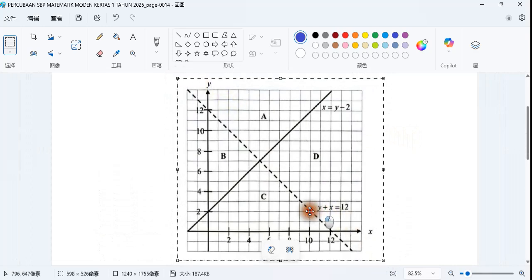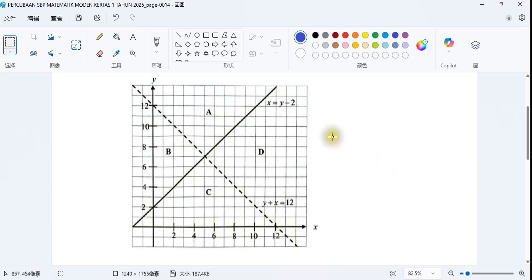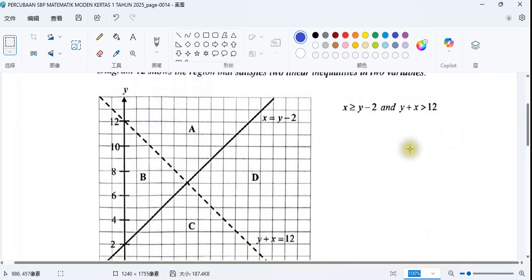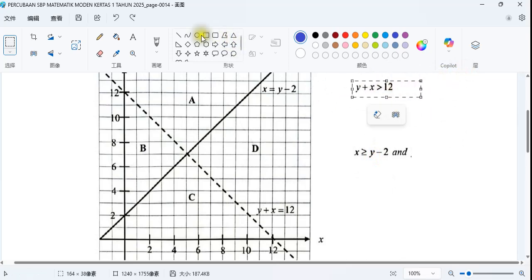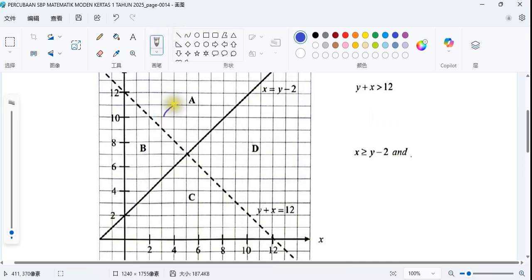Okay, so over here we have these two. So we look at the second one first. This one is easy. So greater than will be here.